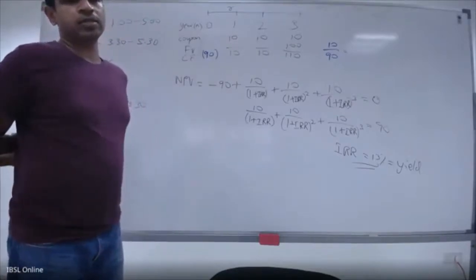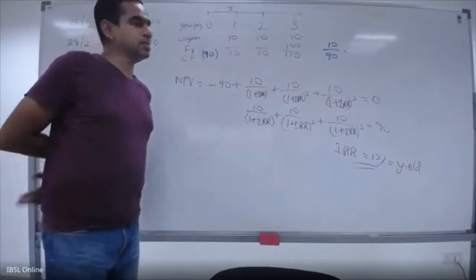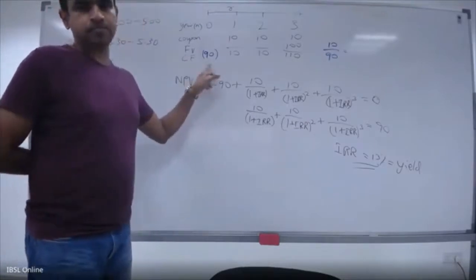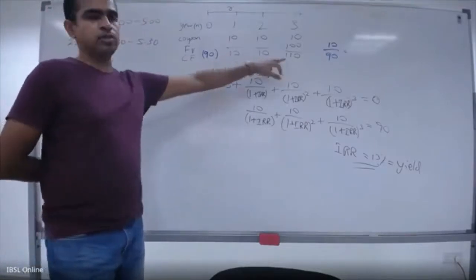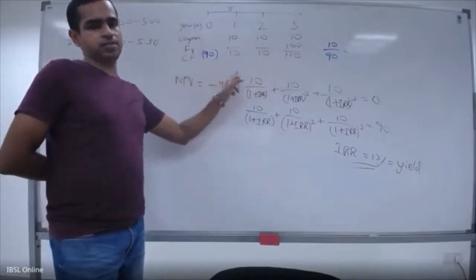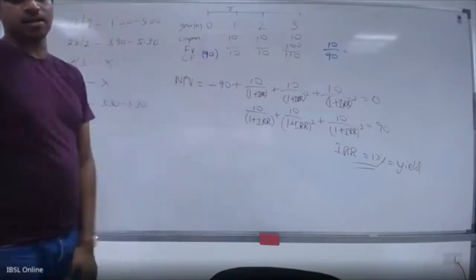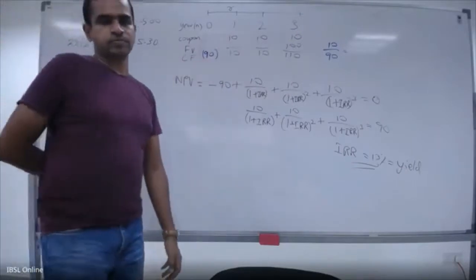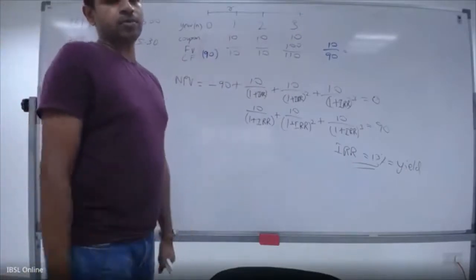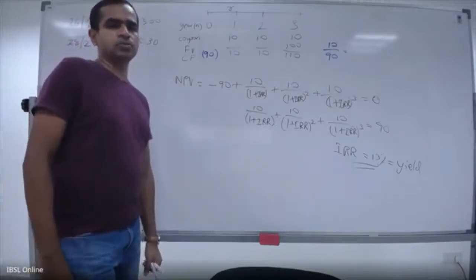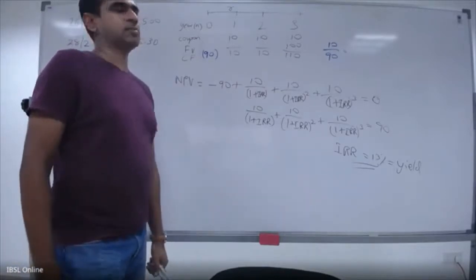Yield to maturity calculation takes into account the current market price, par value of the bond, and coupon interest, and the time until it matures. Right, so it's the IRR in other words. The important assumption is that it assumes coupons are invested at the same rate as the IRR.